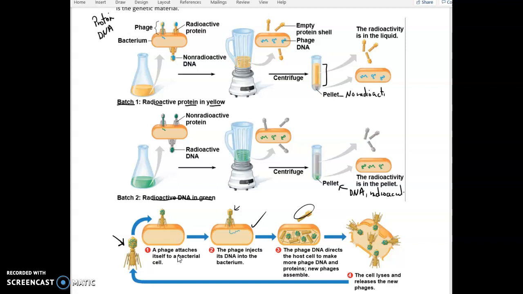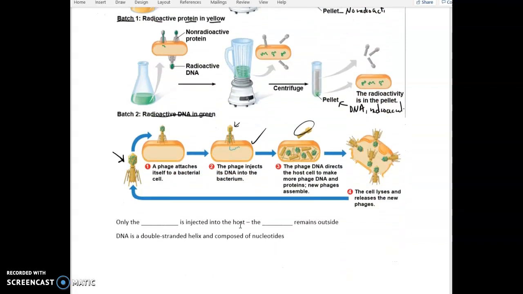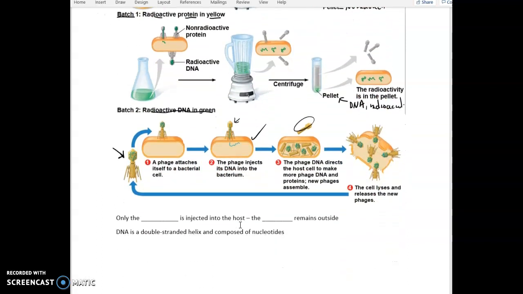So the cell stops making proteins that might be useful to itself and instead is hijacked and makes only phage DNA. Once it makes the phage DNA and the phage proteins, the cell is lysed and new phages are released, and so it can go on to infect another cell. So only the DNA is injected into the host and the protein stays outside.